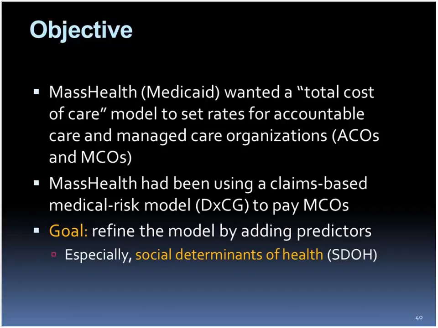But our goal was to augment those models with existing data, not to go imagining what we might do if we had better data on everybody, but to find data where the variable could be defined at the person level for every single person in the Medicaid program, and that could be used to modify the payments to MCOs. Next slide.